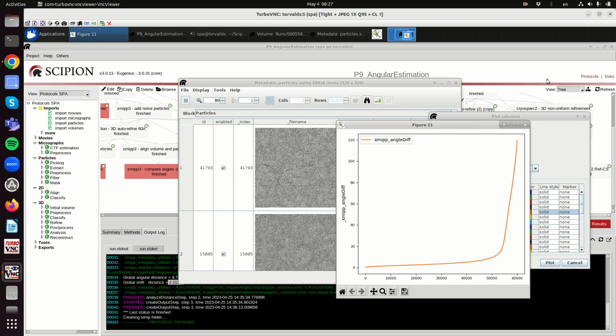It doesn't mean that the current Relion estimation is better than the other one. I don't claim that. Probably, based on the resolution, the previous one was better than the one we have estimated now.